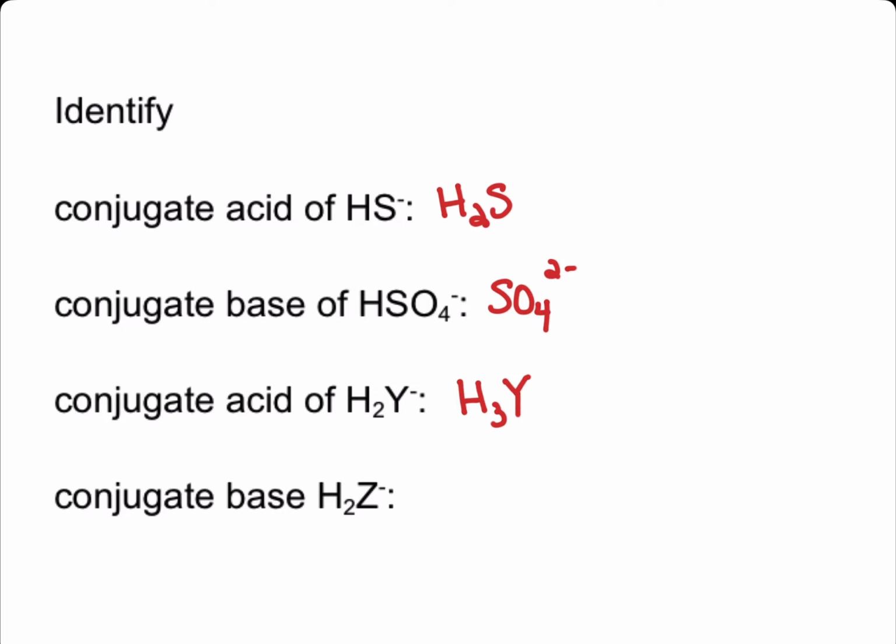Identify the conjugate base of H2Z-. So H2Z-, imagine it to be an acid. Acids donate a proton. They give up an H+. So the conjugate base would be HZ 2-. Good luck and keep practicing.